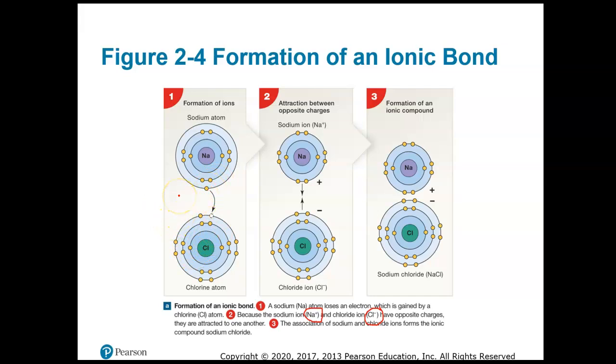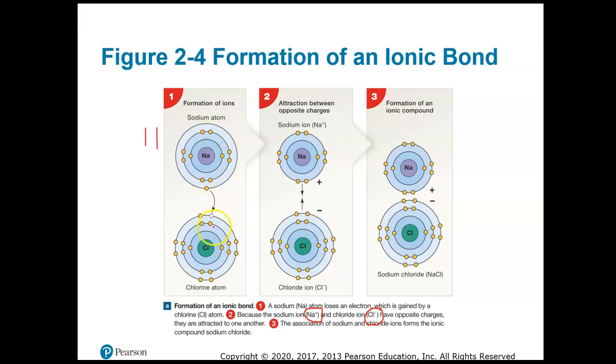Okay, so first, sodium has an atomic number of 11. Okay, so that means the first 2 electrons go in the first shell, 8 go in the second shell. That comes out to be 10. Then there's 1 in this third energy level, this third shell.